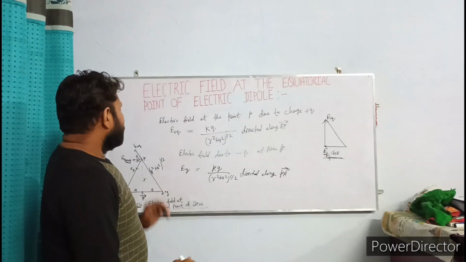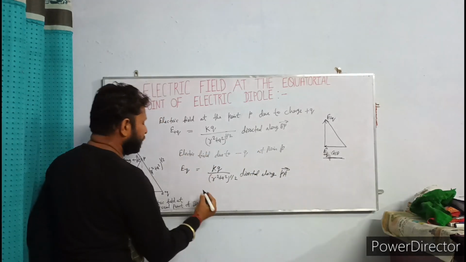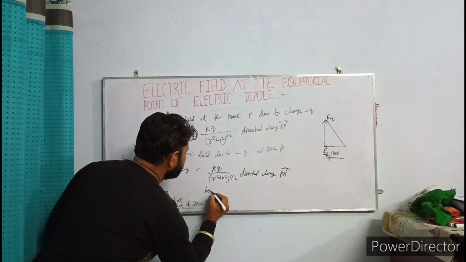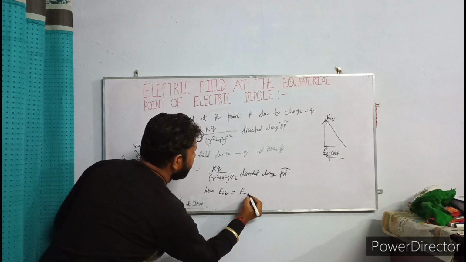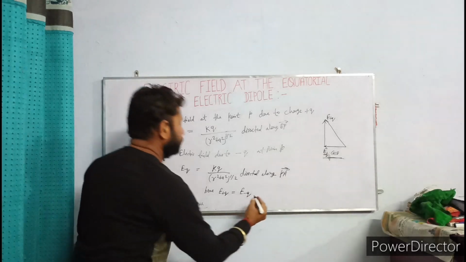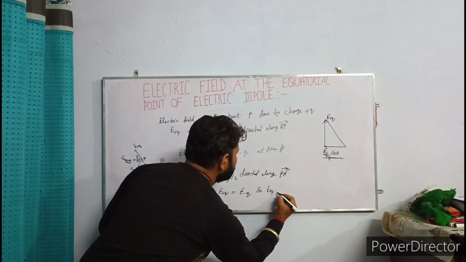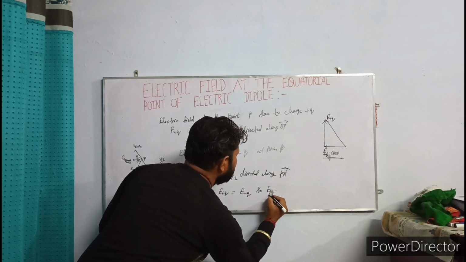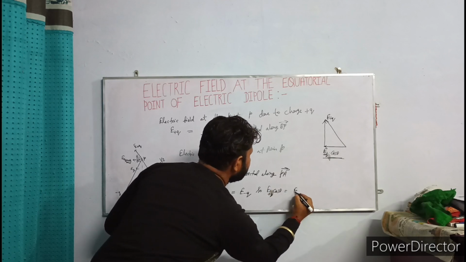Okay, students, here we can see that E plus Q equals E minus Q in magnitude. So E plus Q cos theta equals E minus Q cos theta.